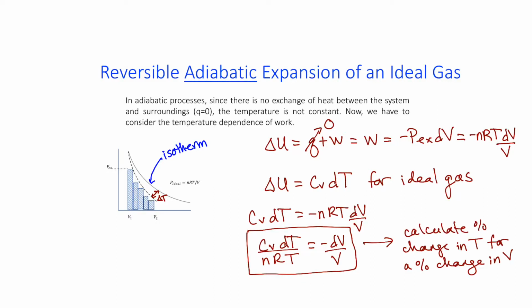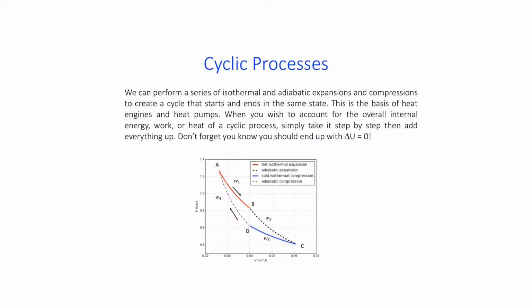So again, you can use this equation to calculate relative percent changes in temperature for a given percent change in volume, or you can integrate it to get the absolute temperatures or volumes associated with your reversible adiabatic compression or expansion of an ideal gas.